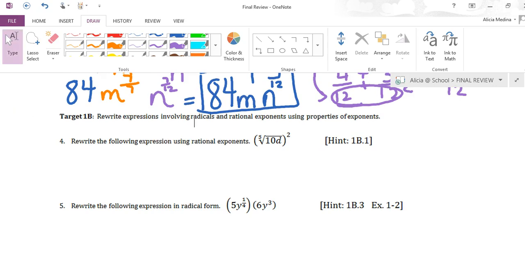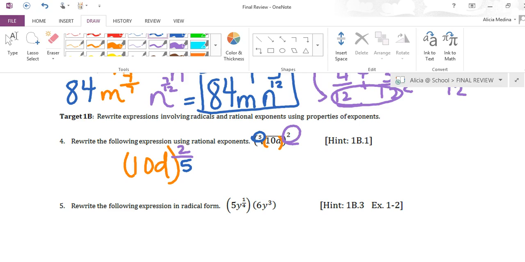Alright, example number 4, rewrite the following expressions using rational exponents. So, if you are in radical form, remember that everything underneath the radical is the base. So I'm going to keep that base together, 10d. Then I'm going to take my exponent, and that's at the top, and my root is at the bottom.